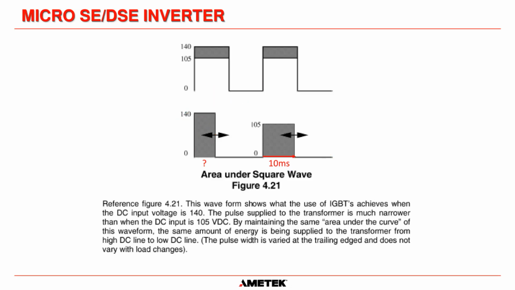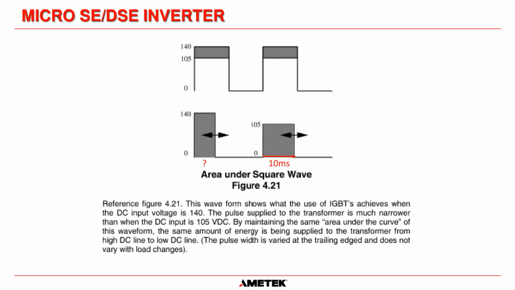Then if the battery voltage discharges to 105 volts, we can turn the IGBT on later and make the area under the curve the same as this one here as well.